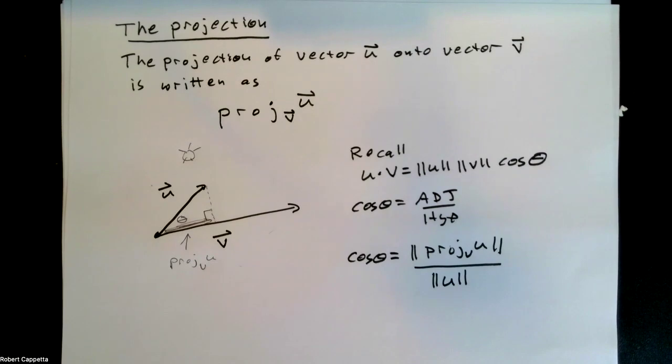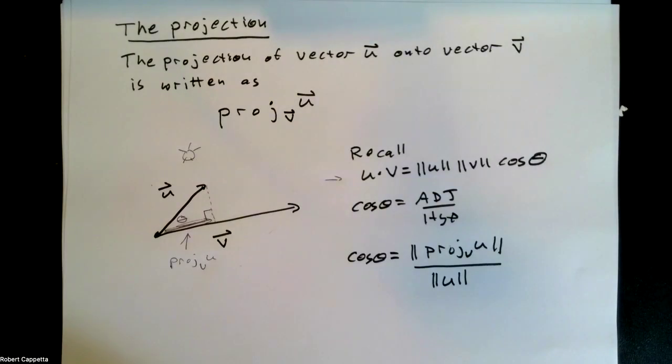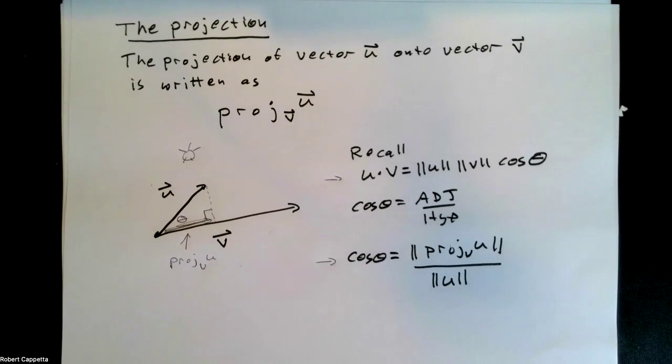So that's our cosine theta. How can we make sense of this? How can we put this together? Do you see how we can relate these facts? We have this fact, and we have this fact. With a little bit of substitution, maybe we can come up with something that we can use.